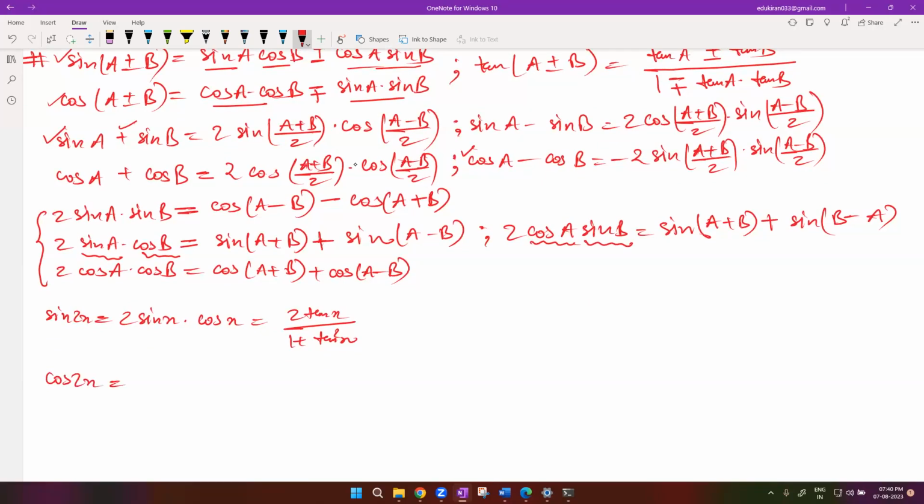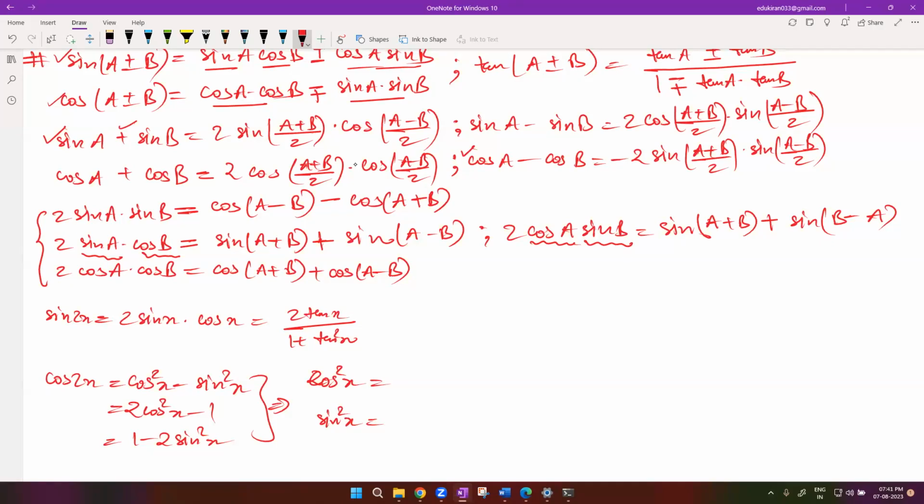We do know that cos 2x can be written in many ways, and every way is important. It can either be written as 2 cos square x minus 1, or as 1 minus 2 sin square x. And from this, another very important identity is that you can write cos square x and sin square x in terms of cos 2x.